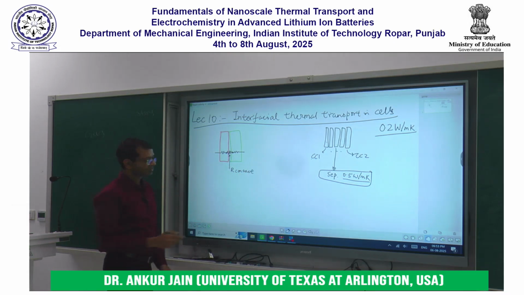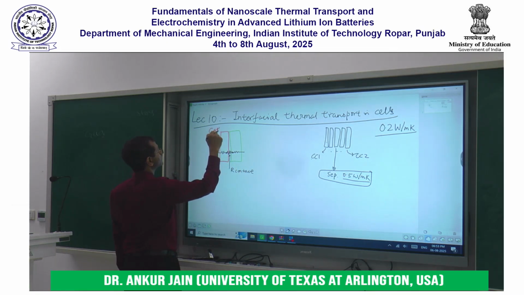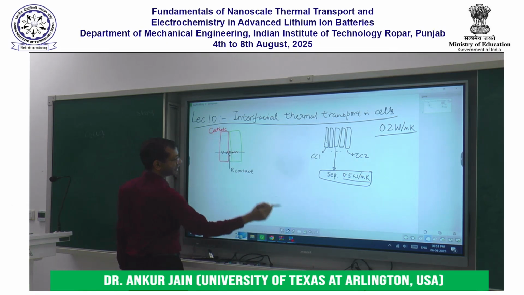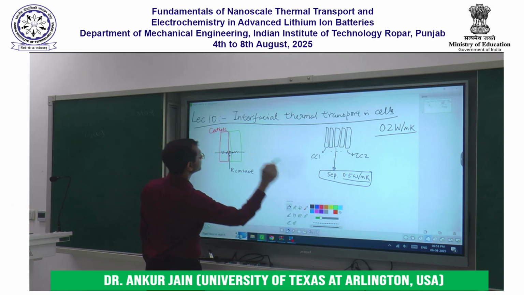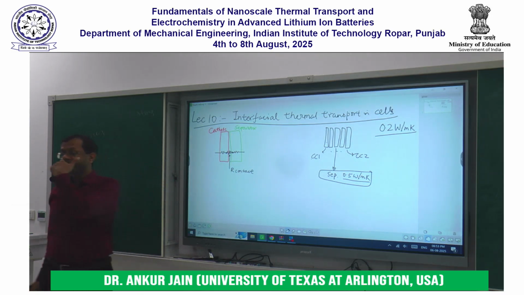Okay, it's possible that the red is the cathode, the green is the separator, and I want to find out the contact resistance between the cathode and the separator. And the question is, how do I do that?